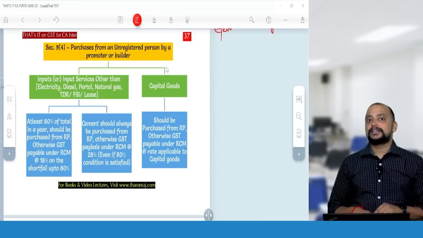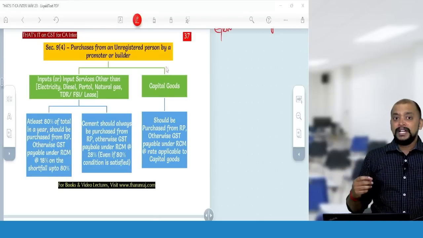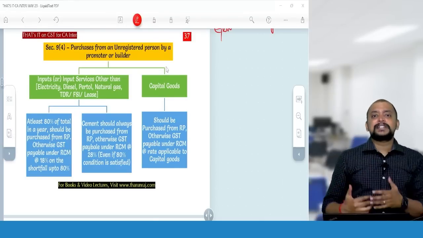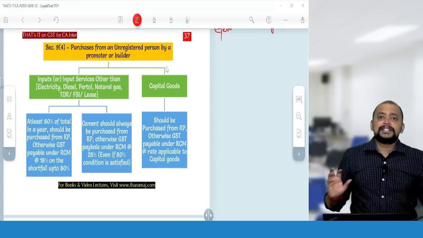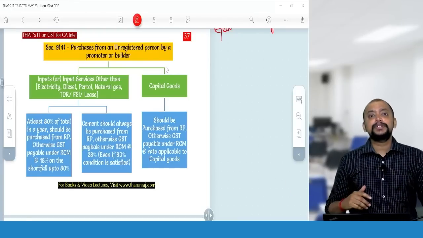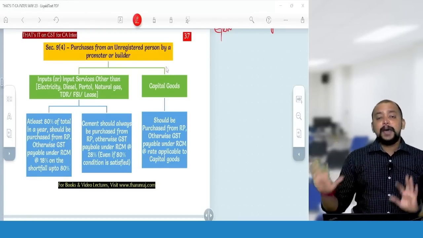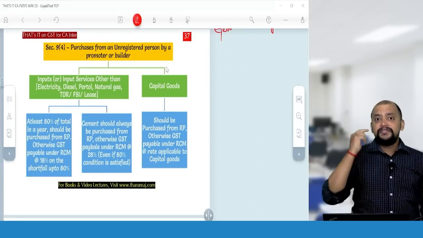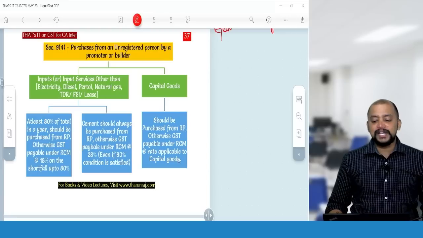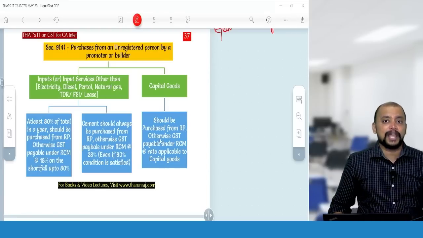Then we have 9 subsection 4. 9 subsection 4 talks about inward supply of a promoter or builder from an unregistered person. Now these inward supplies are divided into two: inputs and input services, and capital goods. Capital goods always should be purchased from a registered person. If it is purchased from an unregistered person, we need to pay GST under RCM at the rate applicable to capital goods.